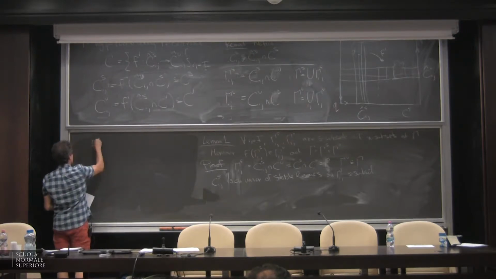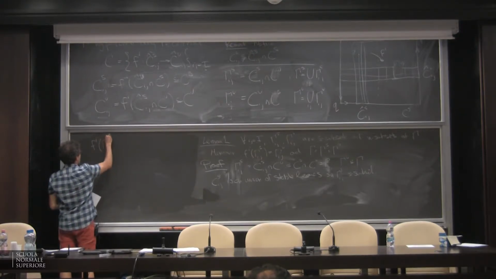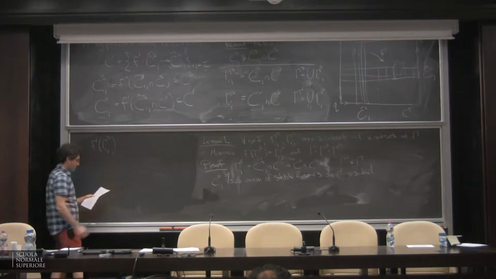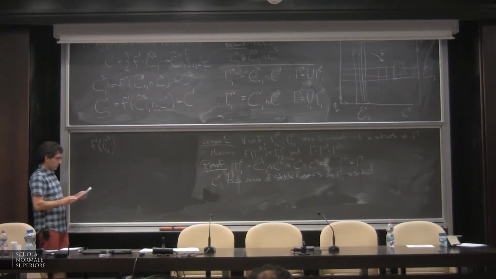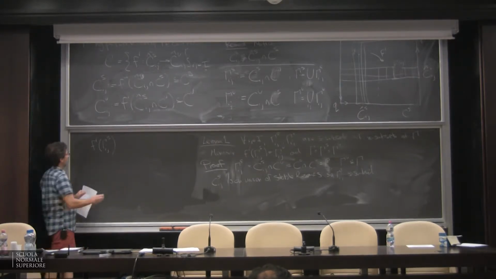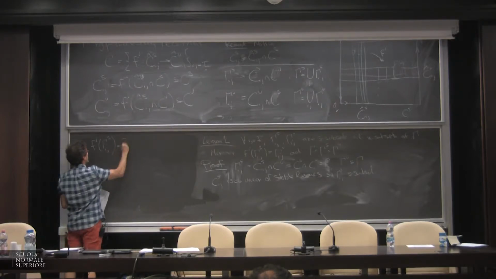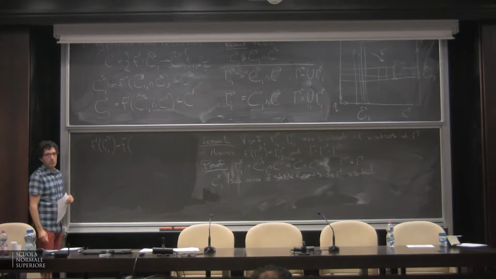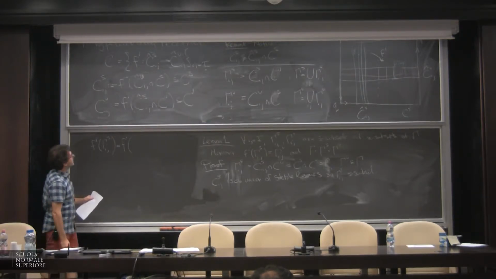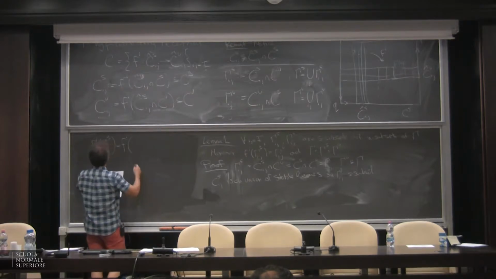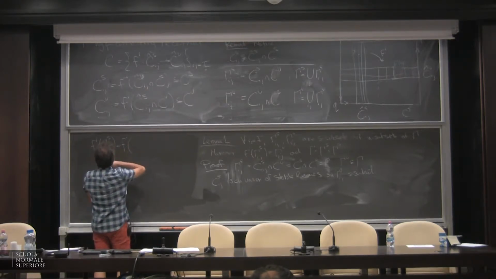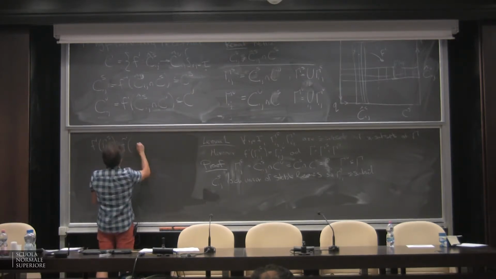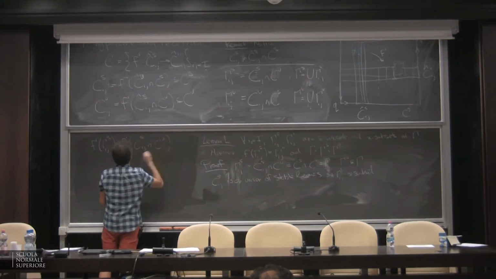So Fi of gamma Sij is equal to Fi, so let's put in the definition of gamma Sij in here. So gamma Sij is CSij intersection Cu, so Fi of CSij intersection Cu.